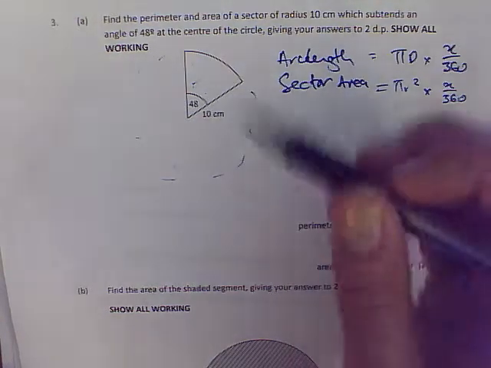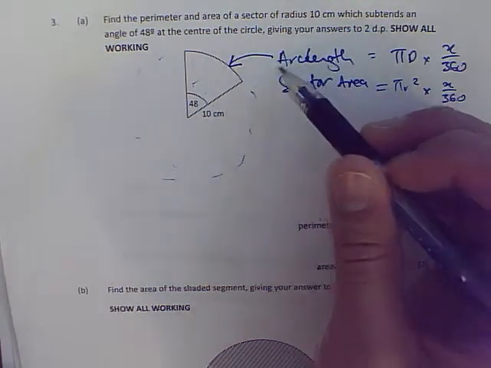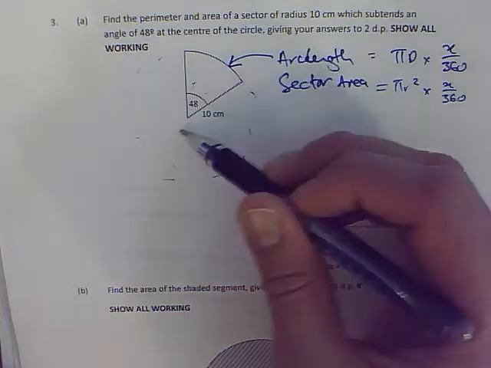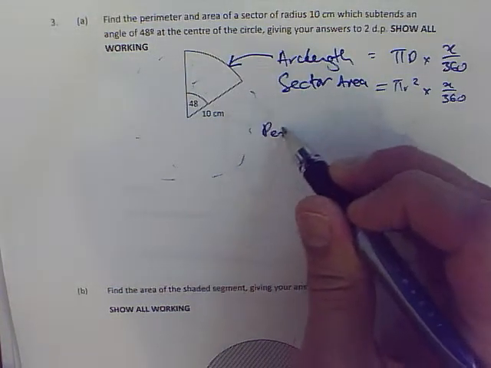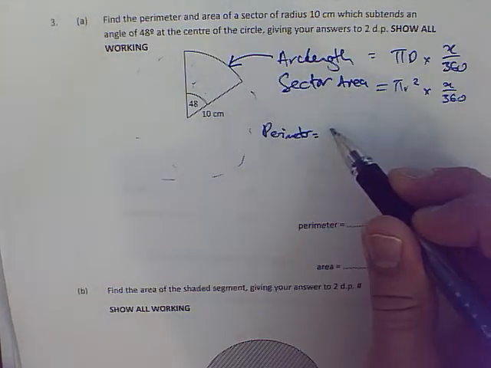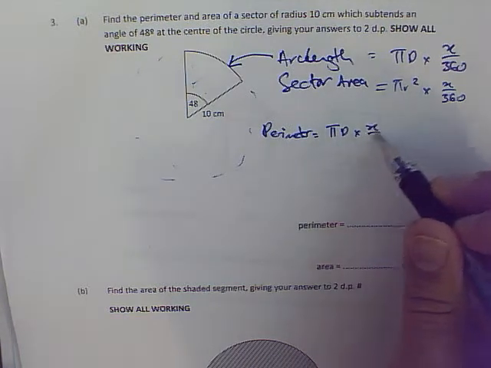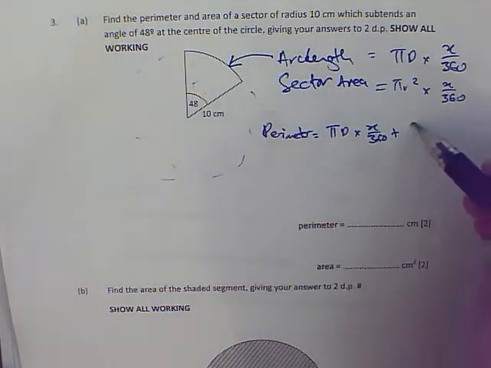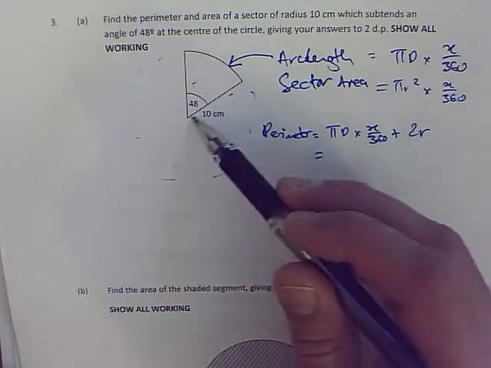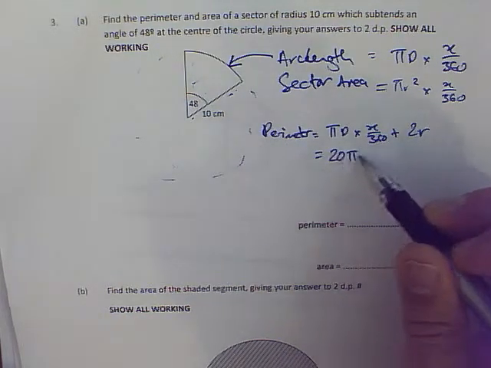The one thing you have to be careful of with perimeter is that the arc length is just the curve length. If you ask for the perimeter, it's the arc length plus the two straight lines. So if we start with perimeter, it's going to equal this curved bit, which is pi d times x over 360, plus the two radii.